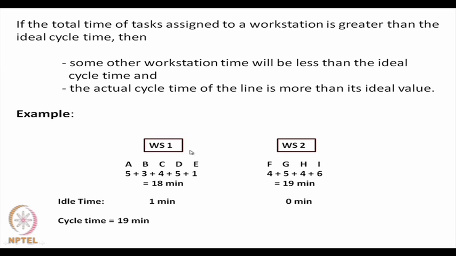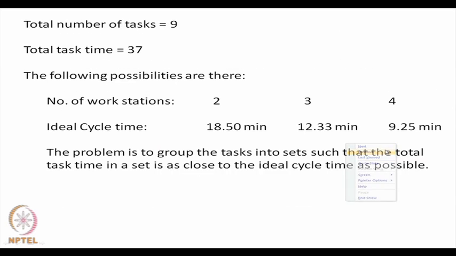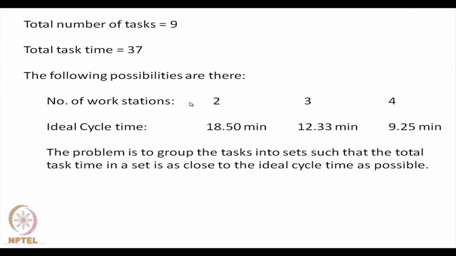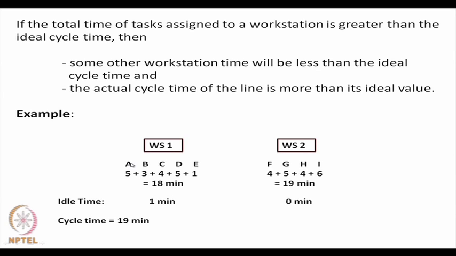Now, here we have given an example. Suppose that we go for 2 workstations, workstation 1 and workstation 2, and suppose that we arbitrarily assign A, B, C, D and E, these 5, to workstation 1. That means these tasks will be completed in workstation 1. So, they will take 18 minutes, and the remaining tasks take 19 minutes in workstation 2.